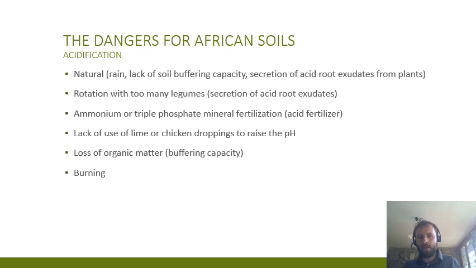So if you have a legume monoculture like only soy the whole time, you can get an acidification through this. Fertilization can also cause acidification because you have a lot of fertilizers that are acidic, for example ammonium for nitrogen fertilization, and almost all of the phosphate fertilizers are acidic.